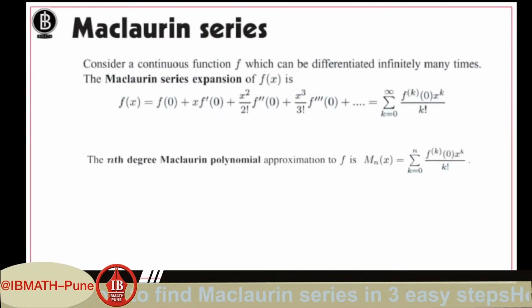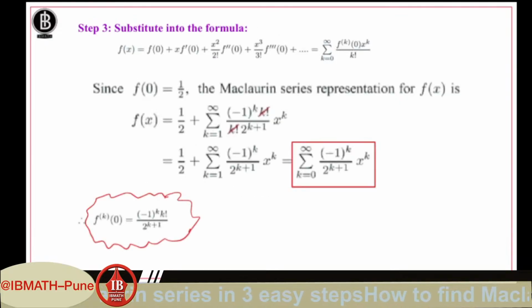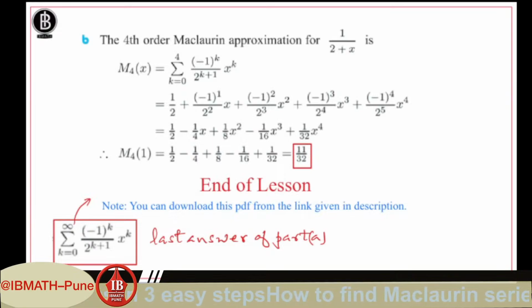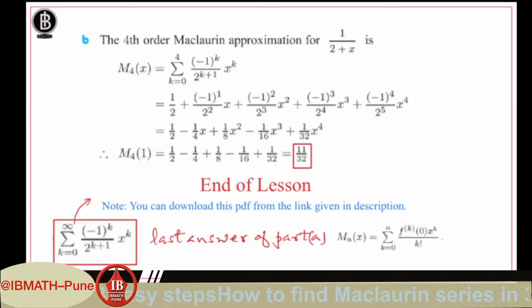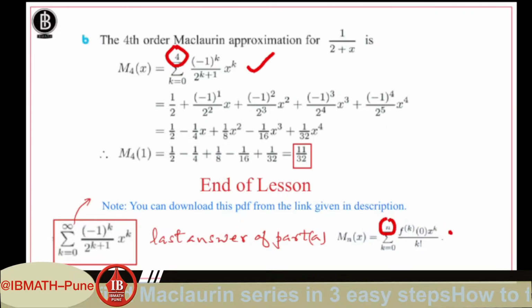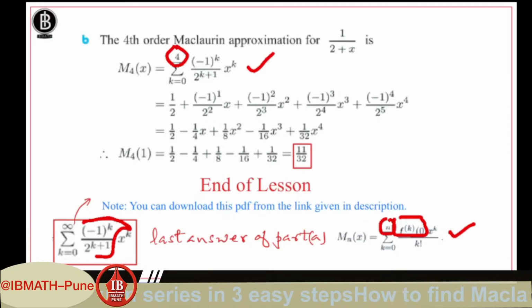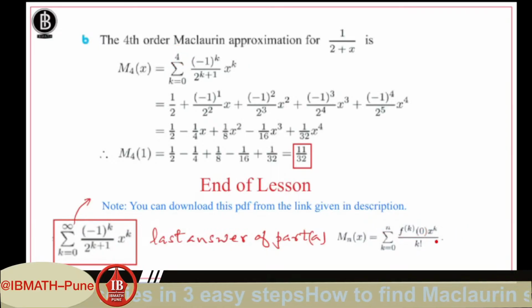This formula I'll copy here, and in this we are going to replace n by 4. So look here, n by 4. Same thing, but in simplified form. f^k of 0 is this one. So I am replacing the upper limit n by 4.